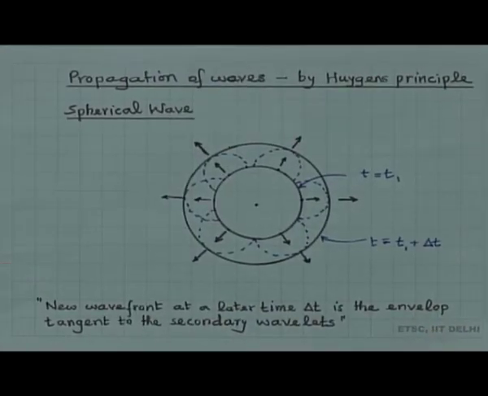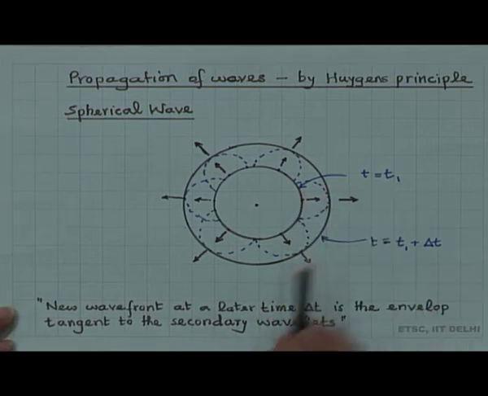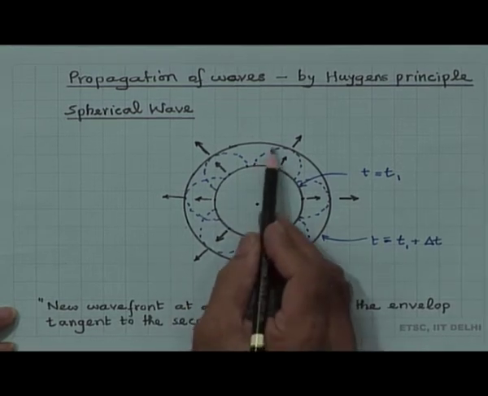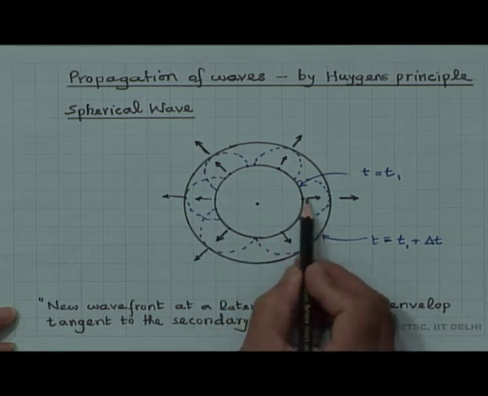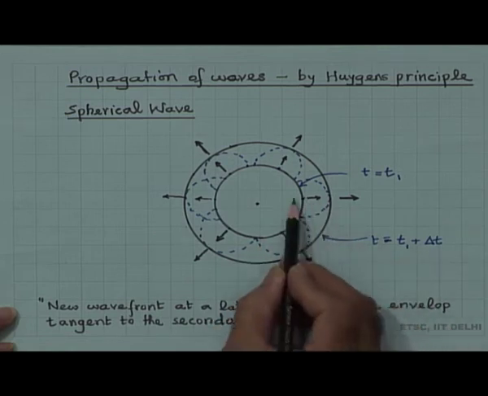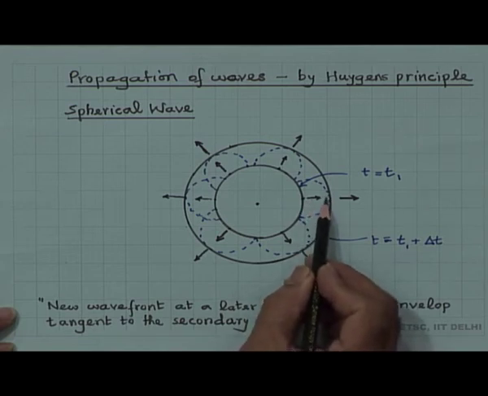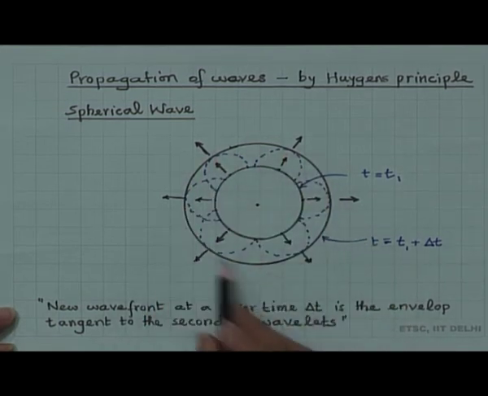So, here is the spherical wave. The spherical wave at t is equal to t1 is here, and we have point sources here. If it is at a later time delta t, the radius of these spheres here will be equal to v into delta t, where v is the speed of the wave in the medium.